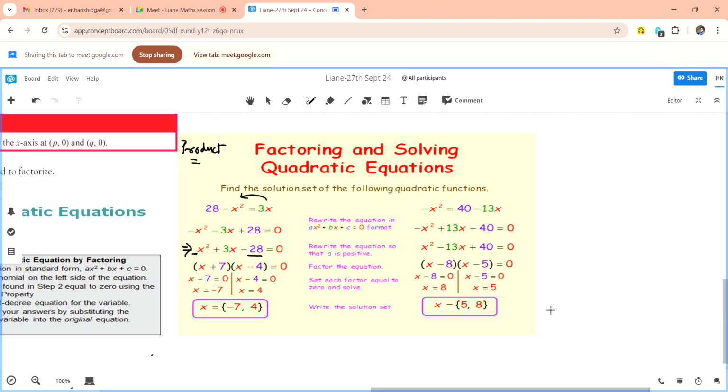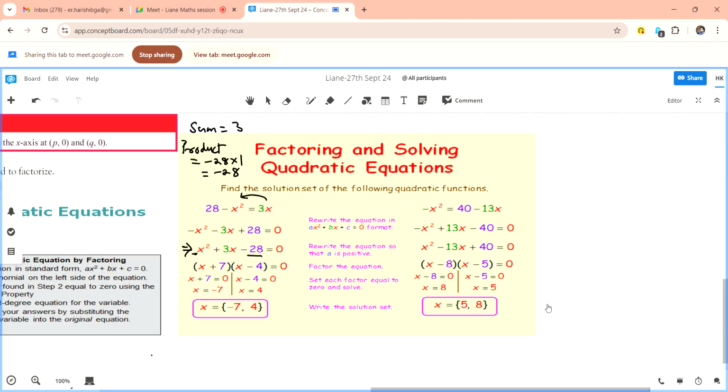So if I multiply minus 28 times 1, the result is just minus 28. And what is the sum term? The sum is always the coefficient of x, which is 3. So my sum is 3, my product is minus 28.